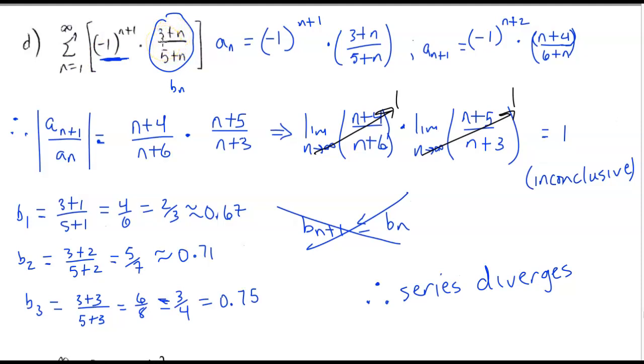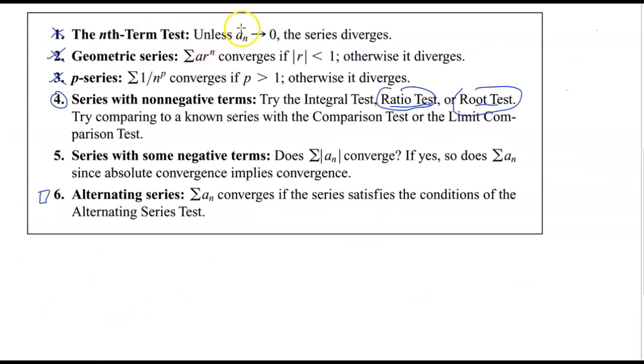But remember, in general, if we have a series, and we're going to assume here that all of the terms of the sequence that forms the series have positive values, remember, the nth term test for divergence could have also told us here that this particular series diverged. And how we could have done that is, of course, unless the limit of the sequence that makes up the series goes to 0, we know that this particular series will diverge.